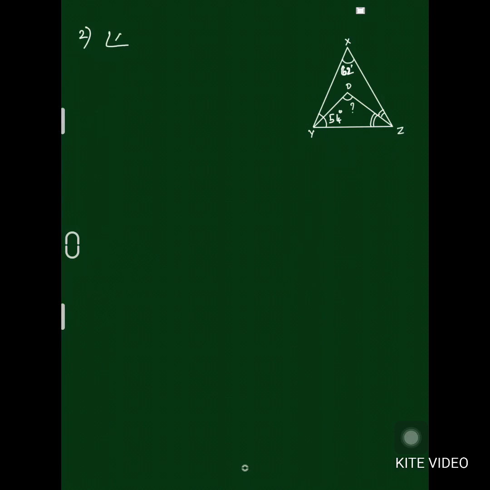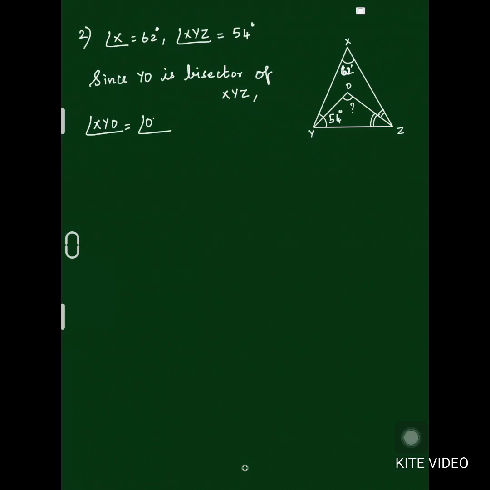So what is given? Angle X is 62 degrees, angle XYZ is 54 degrees, and YO is bisecting angle XYZ. Since YO is the bisector of XYZ, angle XYO is equal to angle OYZ.